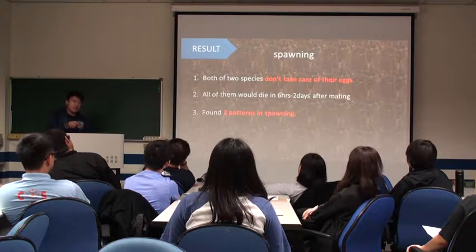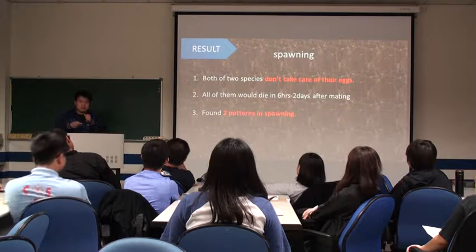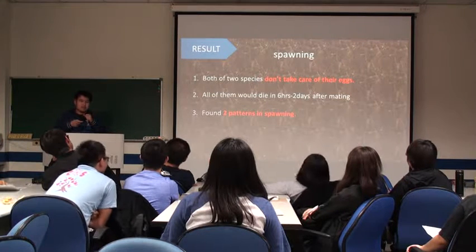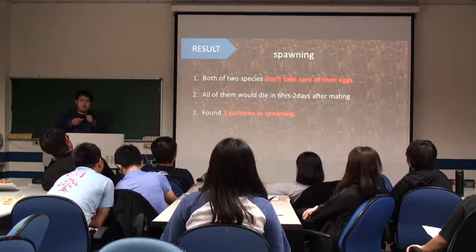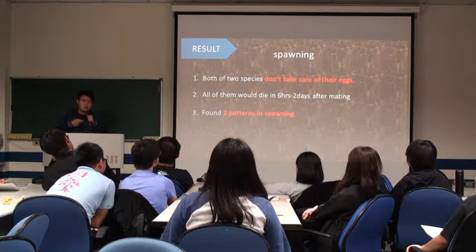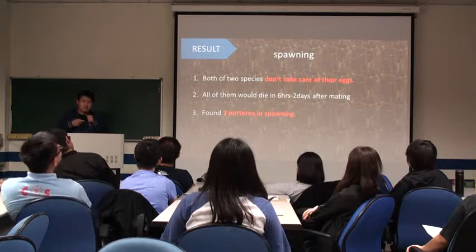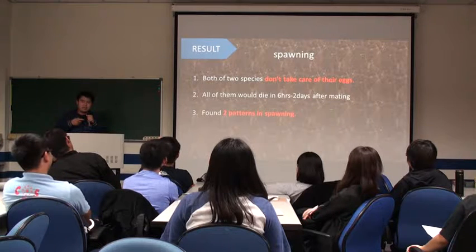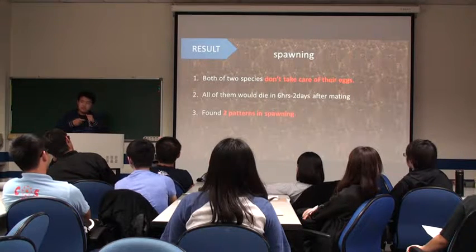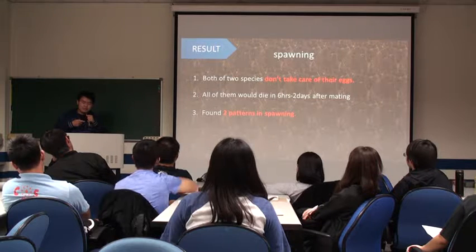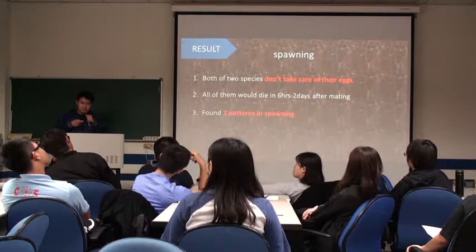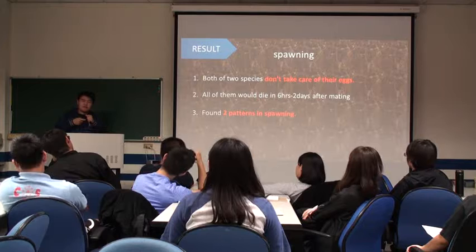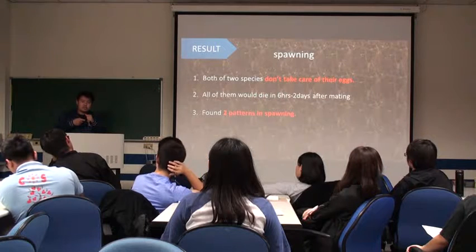Okay. Pattern A has a 70% occurrence, and in pattern B we found it will occur 25% of the time. Pattern C and pattern D have a rare opportunity to occur.